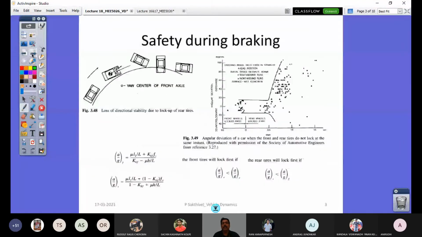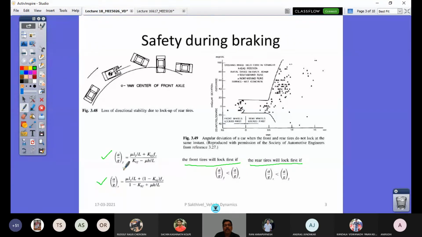And now we look at what do you mean by safe or safety during the braking, or safe braking? So you see that the front wheel will lock first if A by GR is greater than A by GF, and rear wheel will lock first if A by GR is less than A by GF. So these are the expressions. A by GR is dictated by this expression. Sorry, this is A by GF.